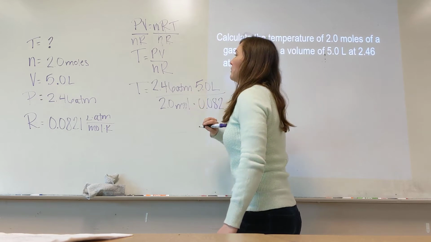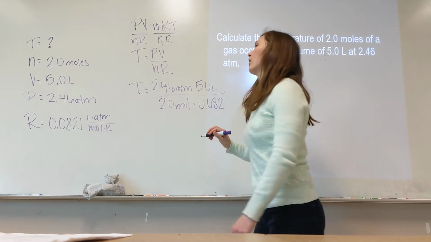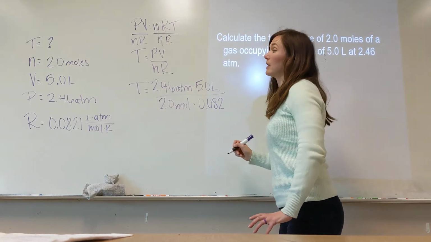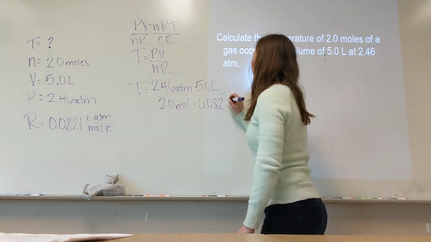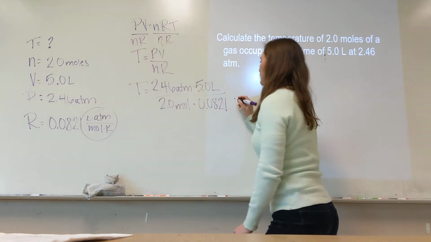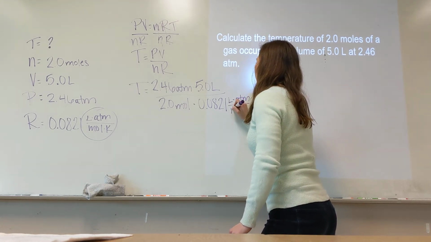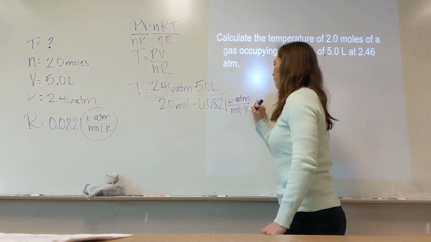So as long as our pressure unit is in atmospheres, our R value will be the same, 0.0821. And yes, you do need to include this unit. You'll see why in just a second. Liters times atmospheres divided by moles times Kelvin.